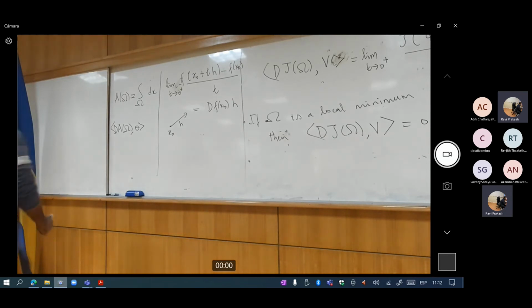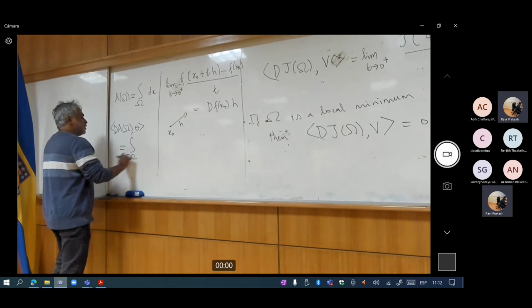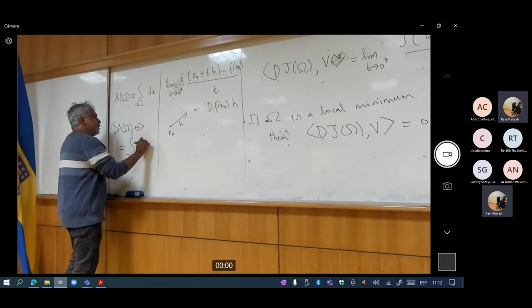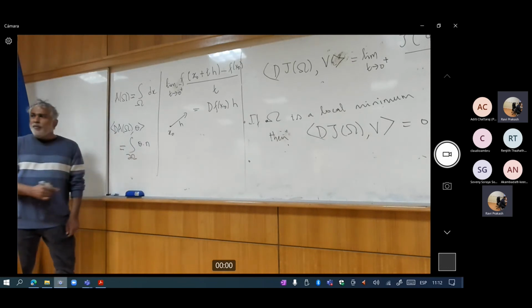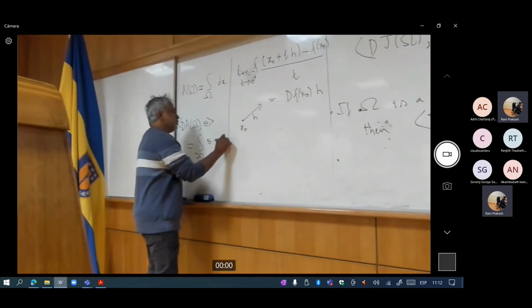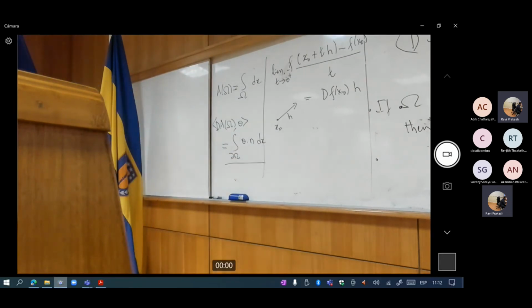And the result in this case is an integral on the boundary, and it only depends on the normal component of the vector field, and you just need to integrate this. This is the result for the shape derivative of the area or volume functional.